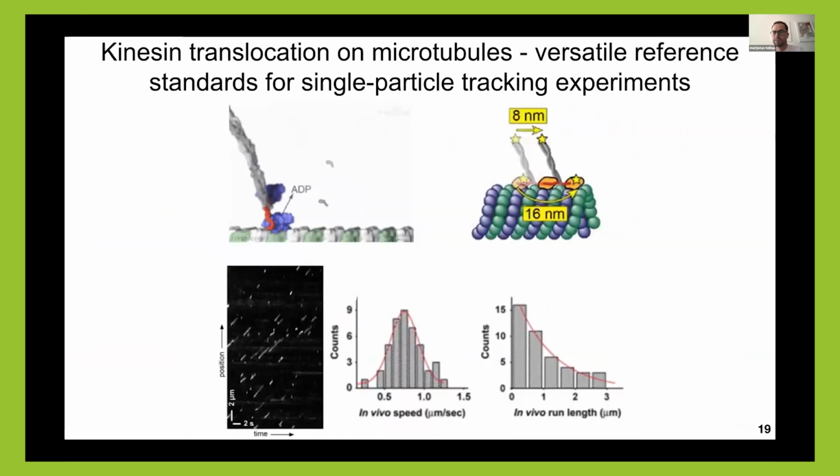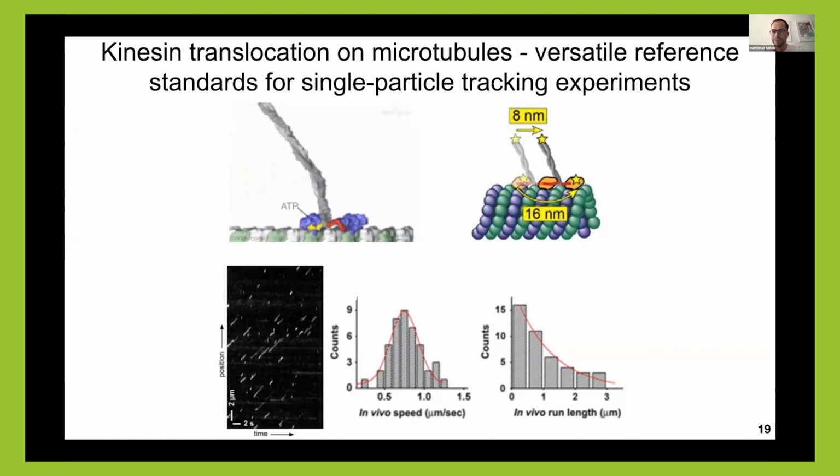So nonetheless, if we are probing movements of 8 nanometers, like in this case, where kinesin is moving on the microtubules, the drift of the microscope could be a problem, right? And actually, microtubules and kinesin are a good model or a standard for single particle tracking, because microtubules are like straight lines on the surface if you immobilize them, or even in the cell, they are more or less straight, or at least you know where they are.